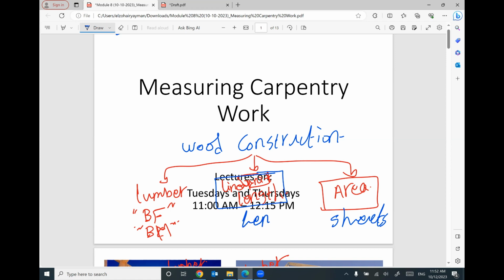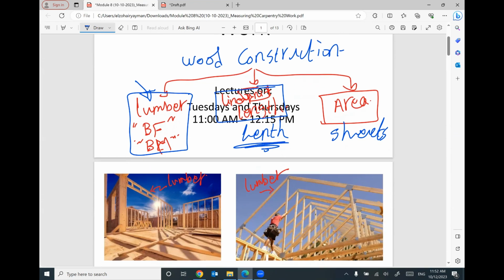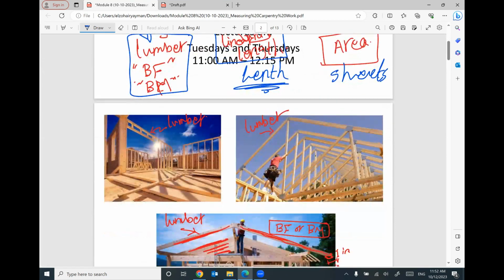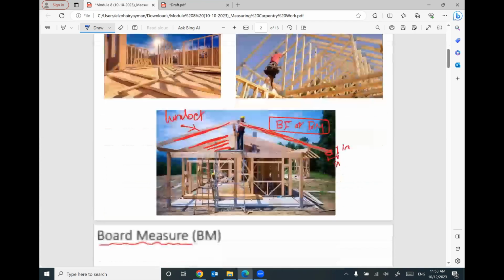What is the total length of these members? If you have composite, if you have prefabricated cross section, or we can use board foot or board measure to figure out the lumber of the building. So based on the situation, we can decide which scenario we are going to use.